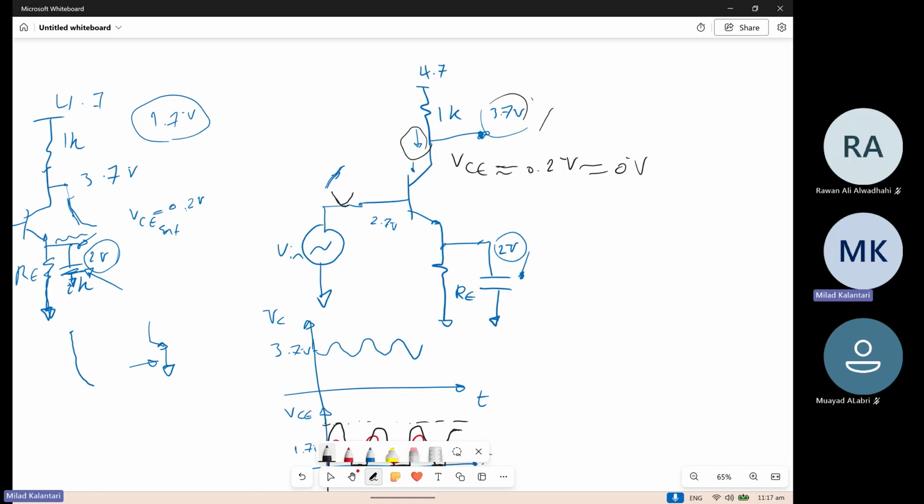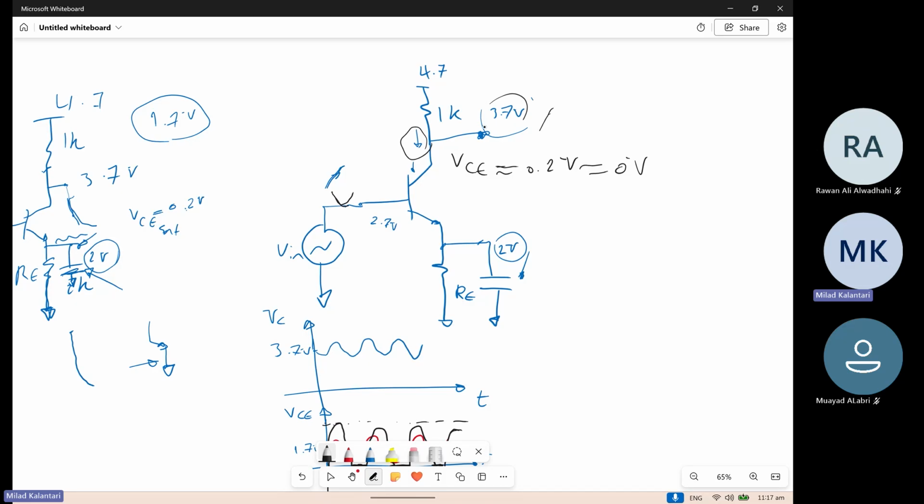Basically, no collector current. And once there is no current, then what would be the maximum of this voltage? The 3.7 volt or the V out. What is that voltage? If the collector current is zero, it will be 4.7, right?